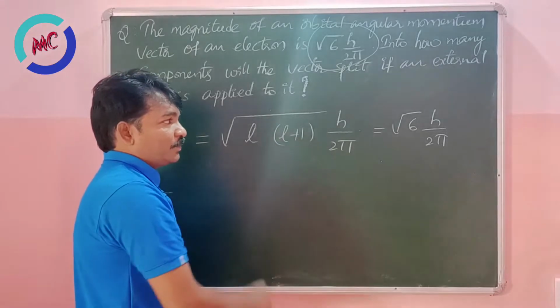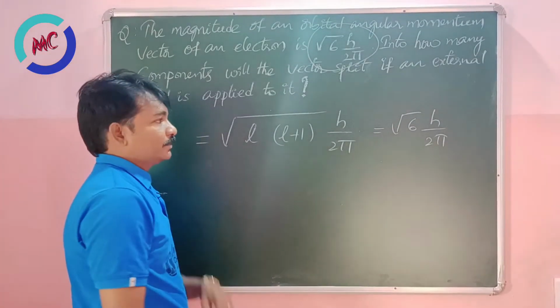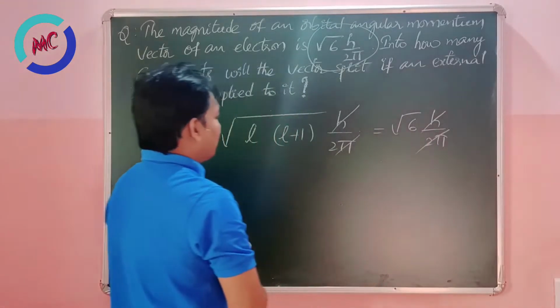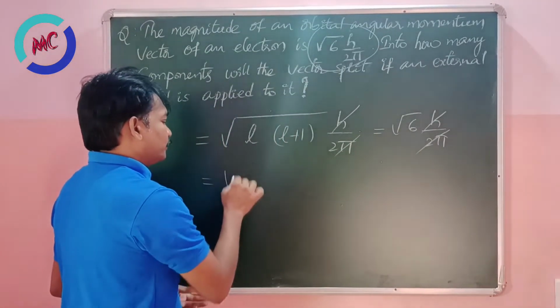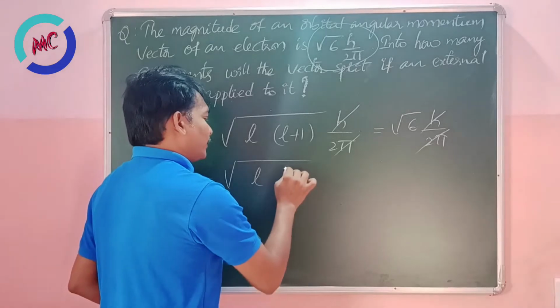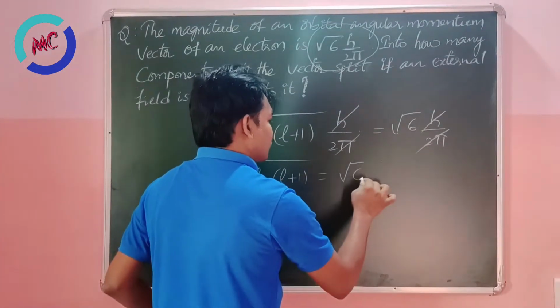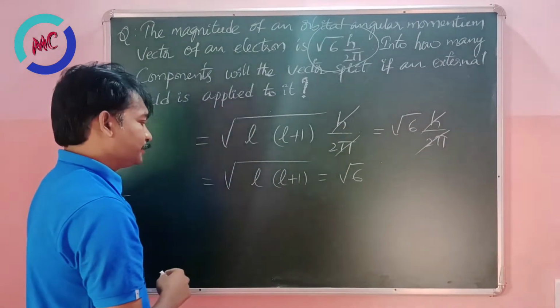Now from this we can find the L value. The h and 2 pi cancel, and root of L into L plus 1 is equal to root of 6.